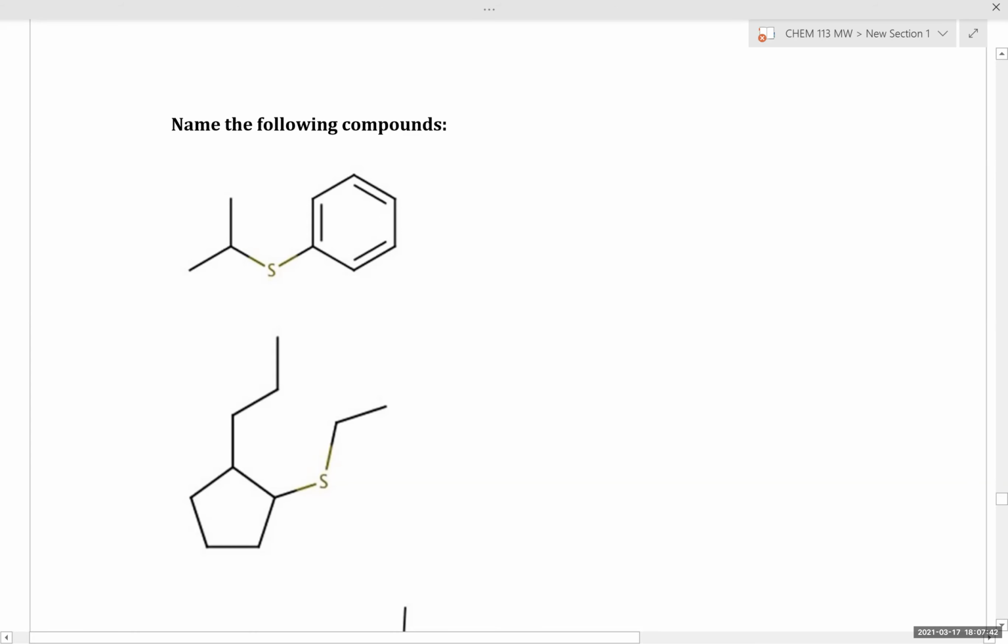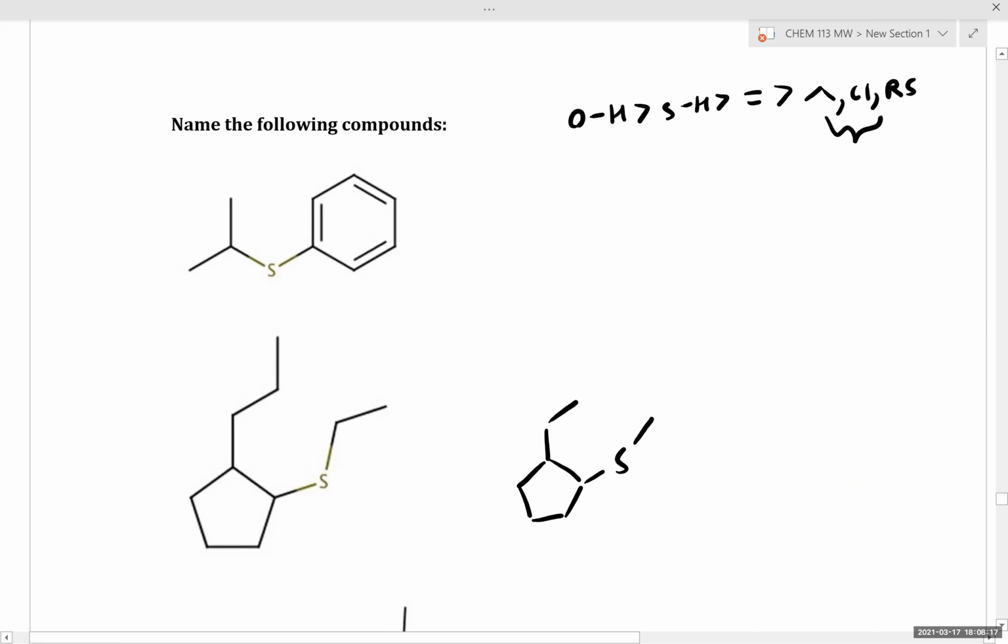So when we talk about sulfides and alkyl groups, one example that I want us also to look at is the following that I'm drawing in. One thing to keep in mind in terms of our priority list: we have our alcohols, our mercapto groups, our alkenes, our alkanes, and our alkyl chlorides and our ethylthio groups are about equal in terms of priority.